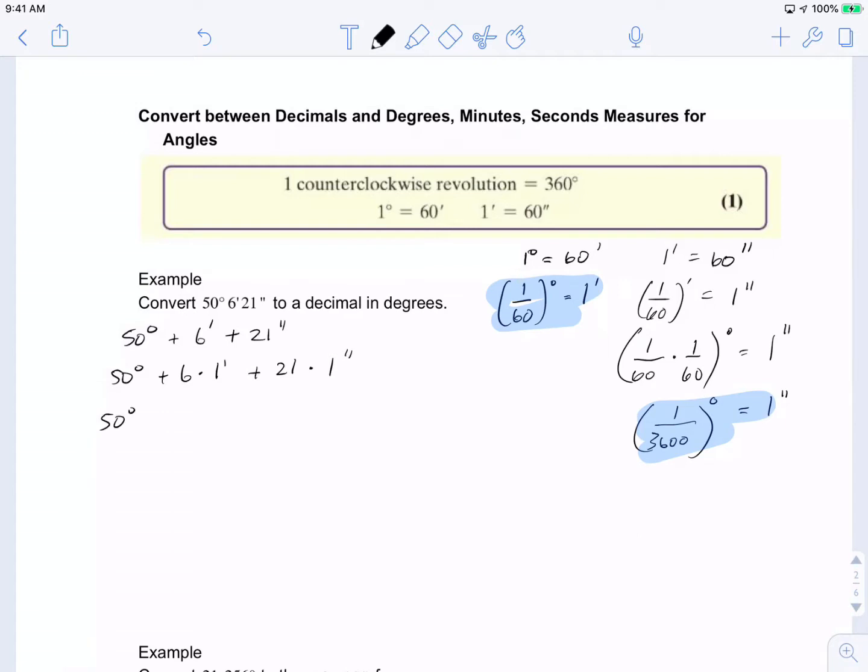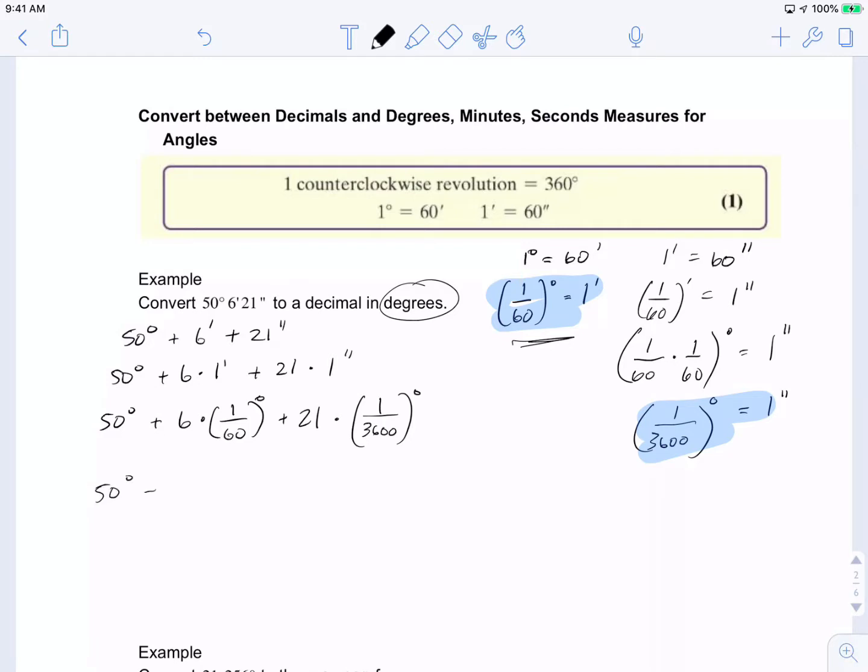And you'll see what's going to end up happening here is I'm going to go 6 times, and I'm going to use this ratio here. So I'm going to go 1 over 60 degrees, because what we're trying to get to is degrees. I want everything in terms of degrees. And then 1 second, we know to be 1 over 3,600 degrees.